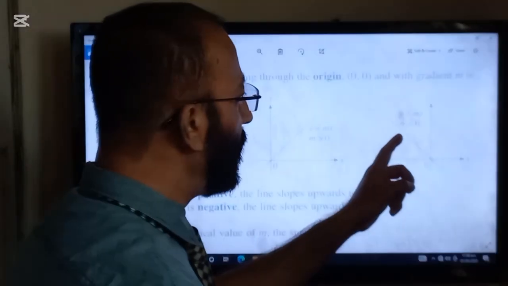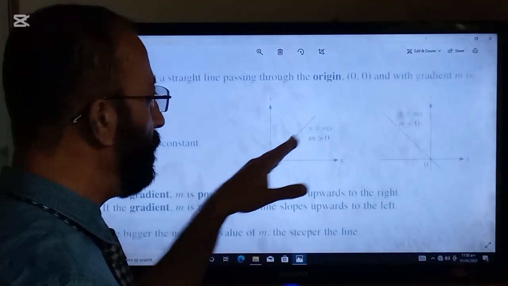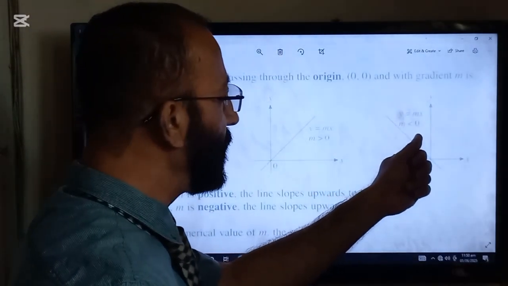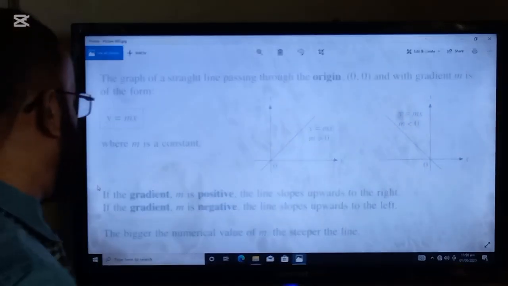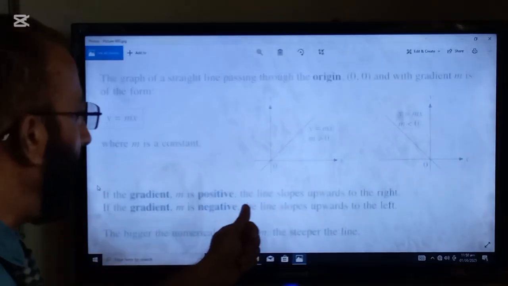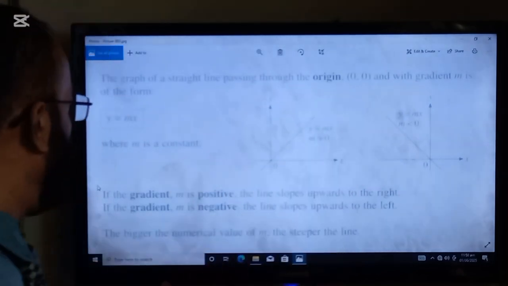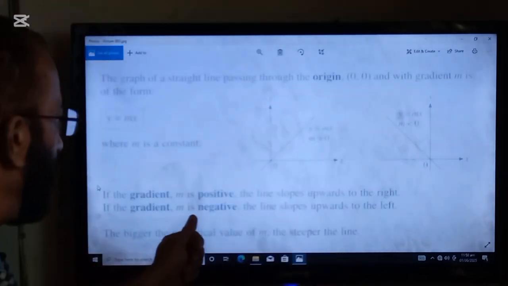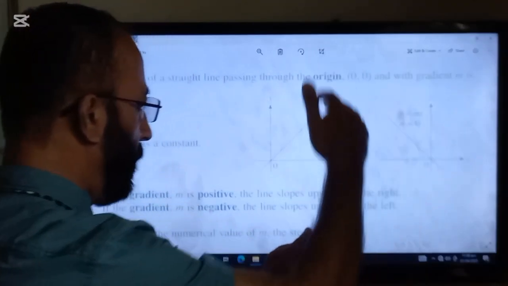If m is greater than 0, the shape will be like this. And if m is less than 0, the shape of the graph will be like this. If the gradient m is positive, the line slopes upward to the right. If the gradient m is negative, the line slopes upward to the left.